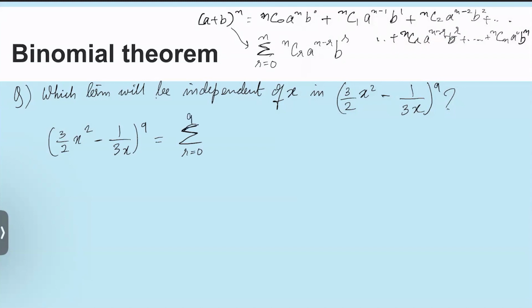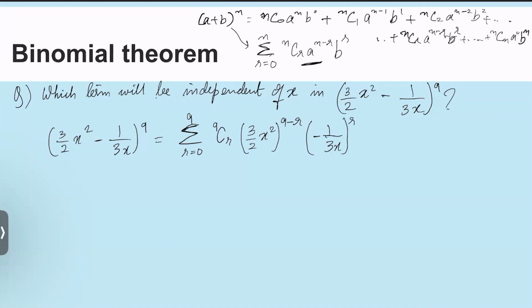Then you will have 9Cr and you have a raised to n minus r. So a is 3 by 2 x squared raised to 9 minus r, and your b is going to be minus 1 by 3x the whole raised to r.